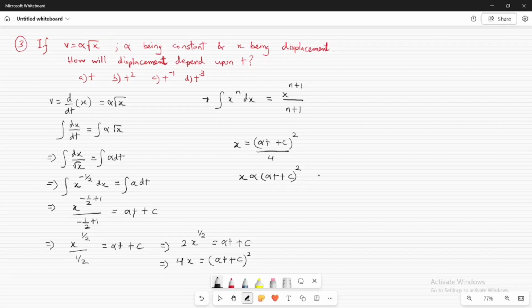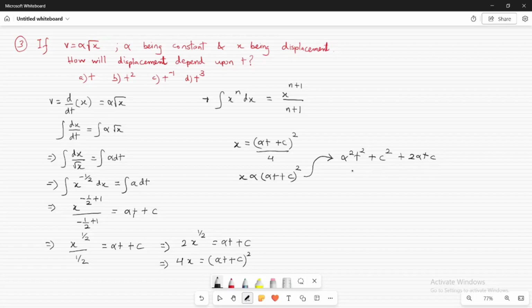We can expand alpha t plus c whole squared, but just note that in this expansion we'll have alpha square t square plus c square plus 2 alpha t c.